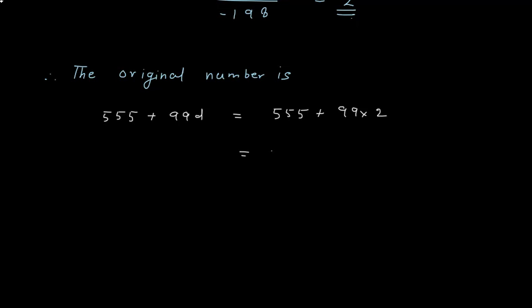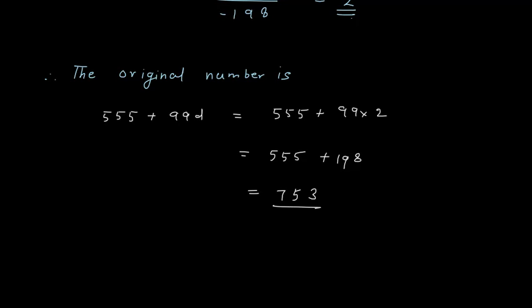This becomes 555 plus 198: 8 plus 5 is 13, 1 carry, 9 plus 1 is 10, 10 plus 5 is 15, 1 carry, 5 plus 2 is 7. So 753 is my required number.